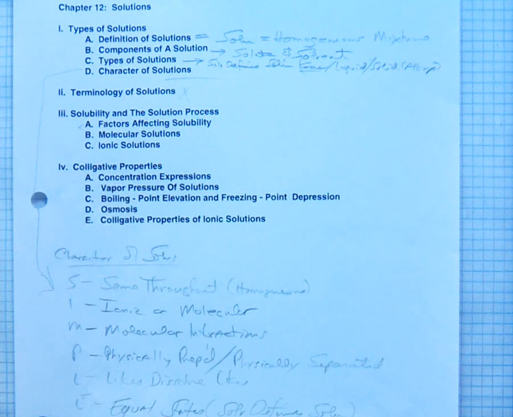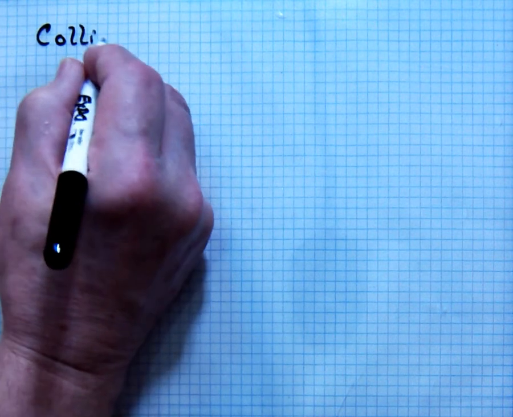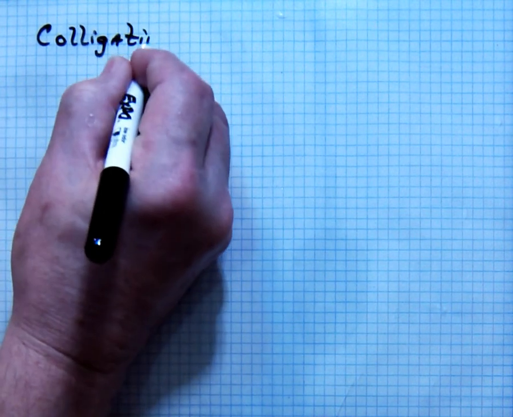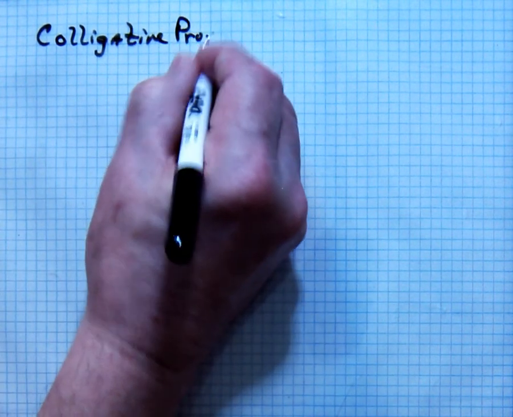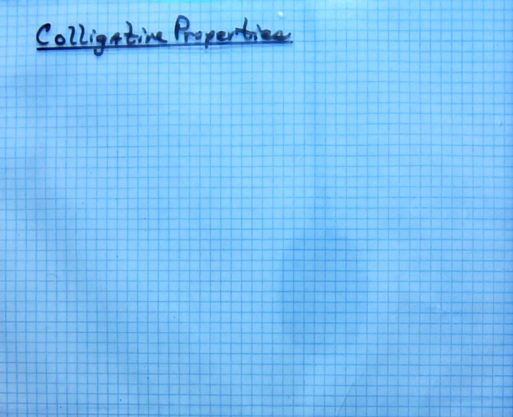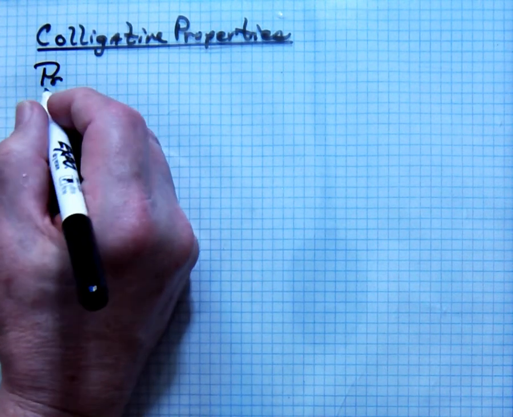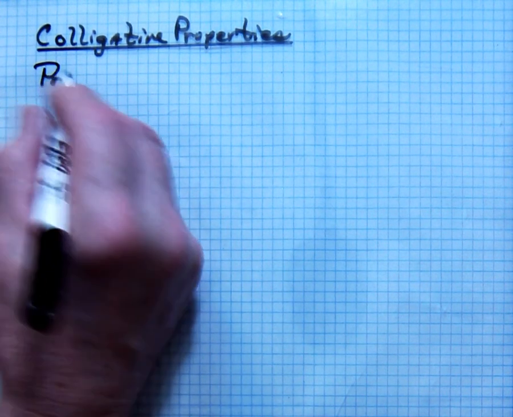We need to first understand the concept of vapor pressure of solutions and how that is affected by putting components into a solution. Colligative properties are, again, properties of solutions affected by concentration of solute.